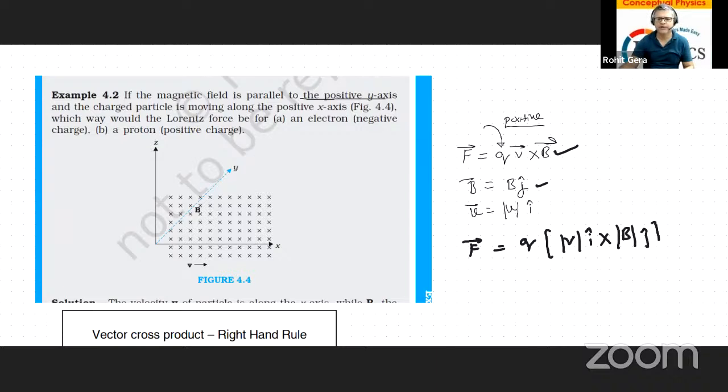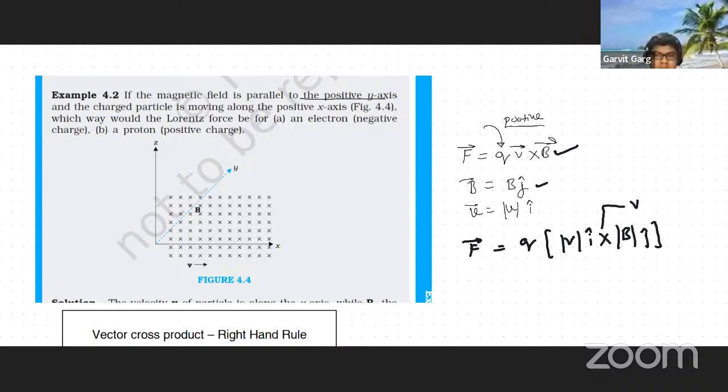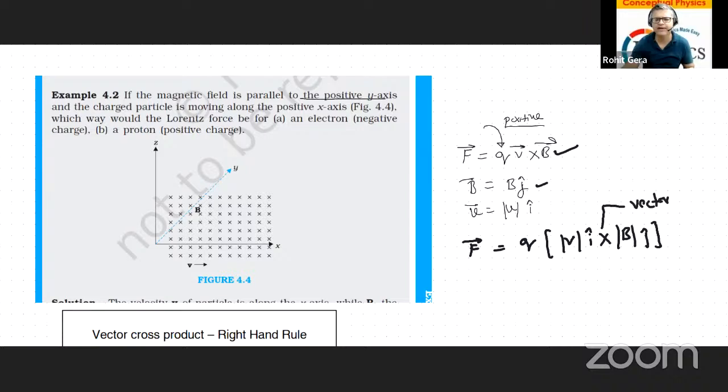ये क्रॉस प्रोडक्ट है. This is the cross product. What is the cross product of I into J? I cross J. I J K. If it's I cross J, you get a K. If it is J cross K, you get an I. If it is K cross I, you get a J. It moves like this.